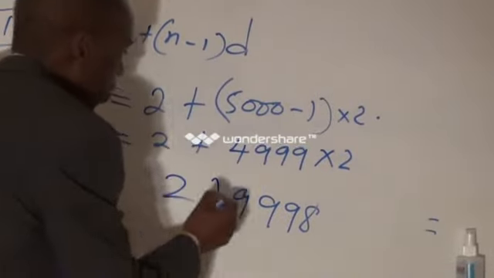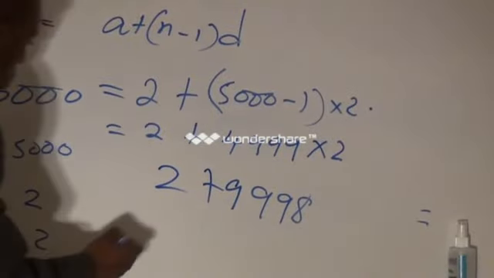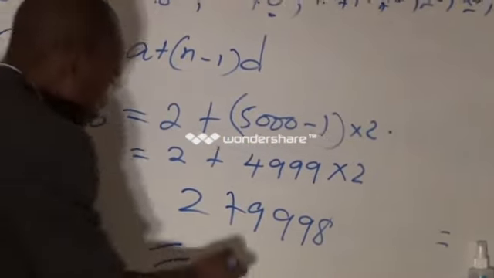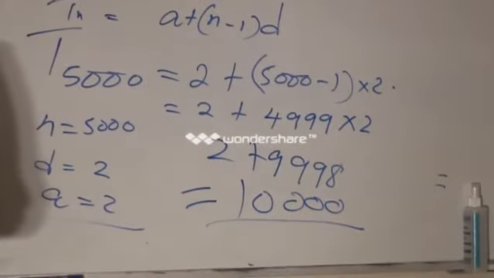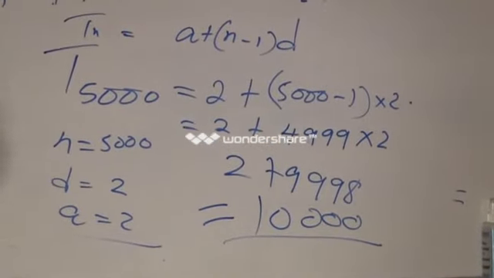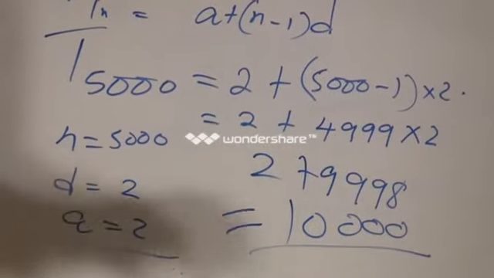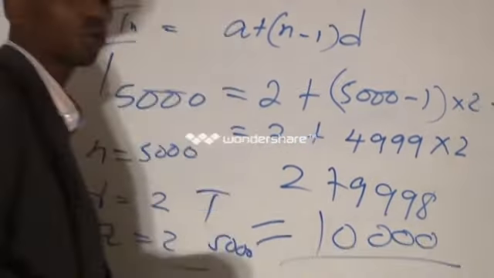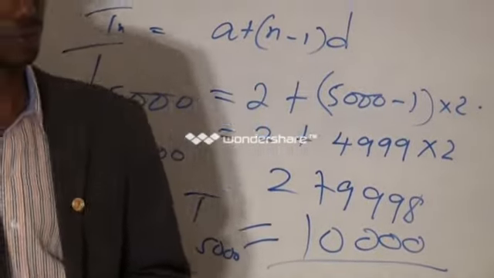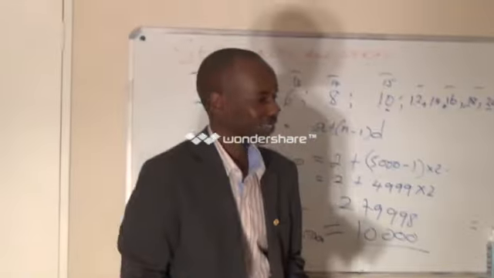Then plus our A. So our 5,000th term is 10,000. So if we were to count all the way to 5,000 terms, we will actually notice that T5000 is equal to 10,000. It's easy in this case.